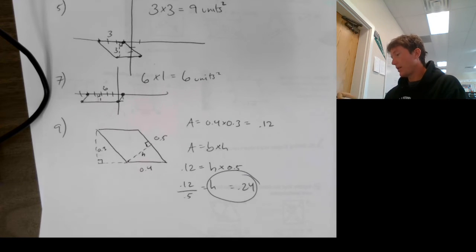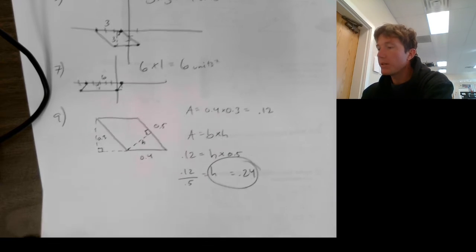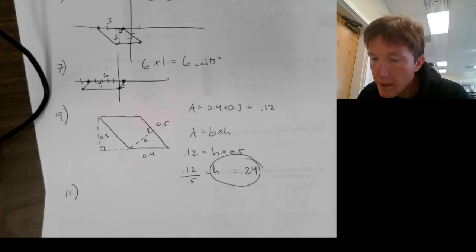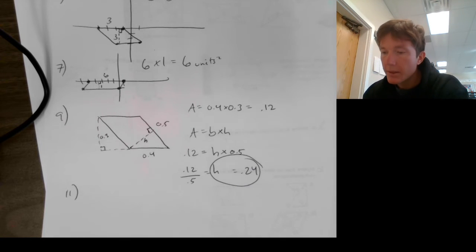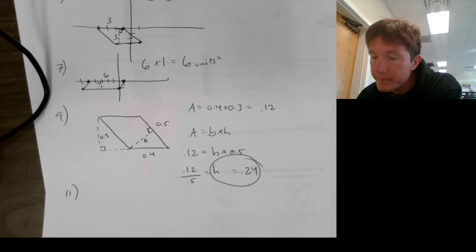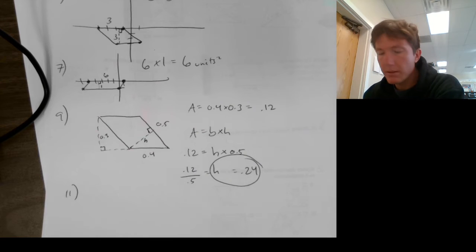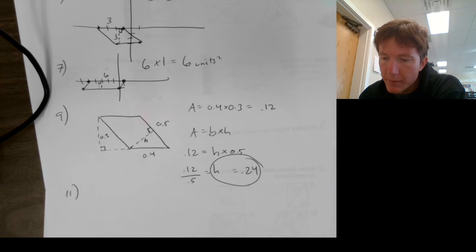Okay, let's do number 11 now. Find the area of each shaded triangle. Okay. Let's see. So on the copy machine here, there's nothing shaded here.